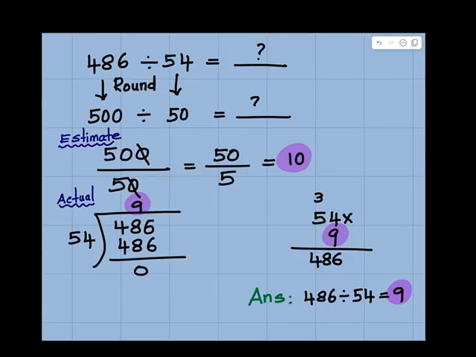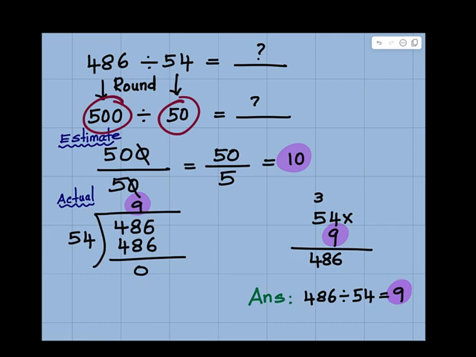Let's do the next problem. 486 divided by 54. Step number 1. To solve this problem, we have to round the numbers or do the estimation. So when we estimate it or round it, 486 becomes 500 and 54 becomes 50.